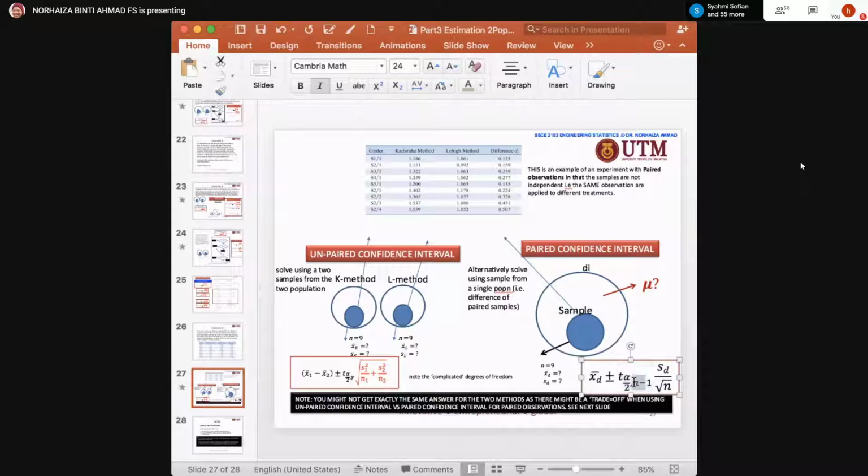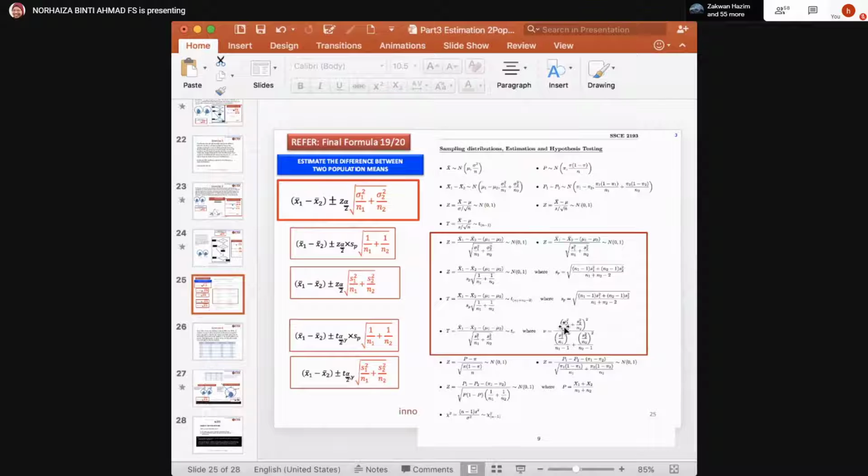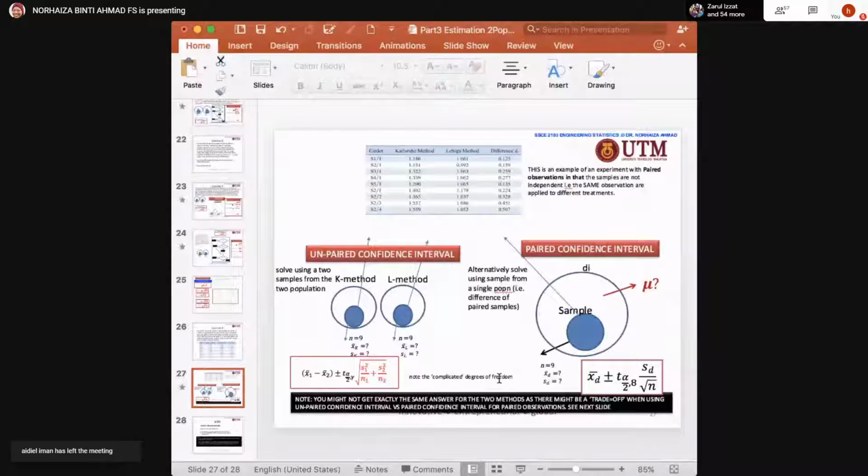Here you have n minus 1, which is 9 plus 8, sorry, 8. Whereas for the unpaired case you need the complicated degrees of freedom, which involves the values of your s and your n. So there might be some difference in the degrees of freedom, and therefore your interval might be slightly different.